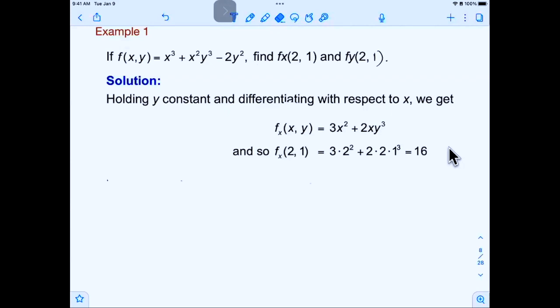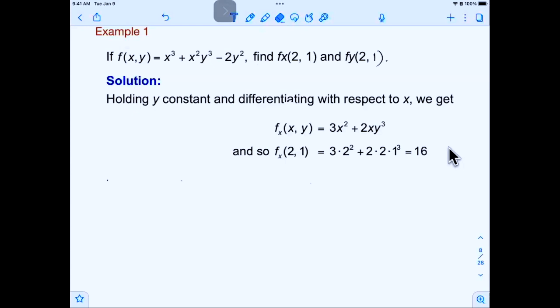And then in this one, because we're differentiating with respect to y, we think about the x squared here as a constant. So it's a constant multiple, so times, now we differentiate y cubed. The derivative of y cubed is what? 3y squared, good. Finally, what's the derivative of negative 2y squared with respect to y? This is negative 4y.